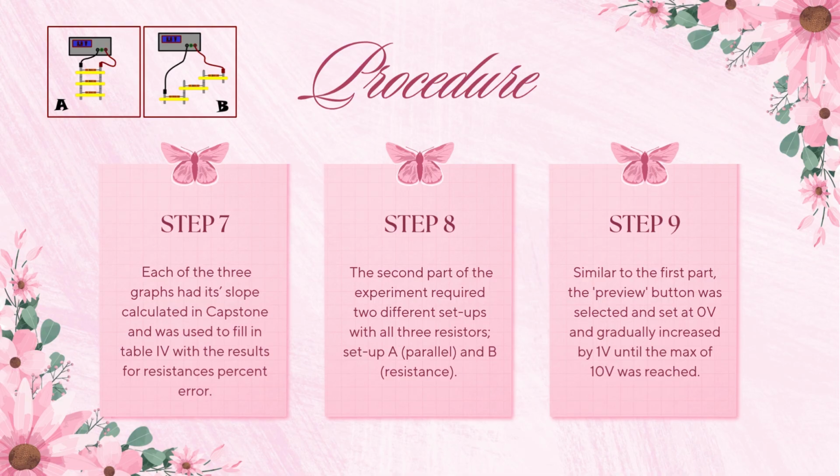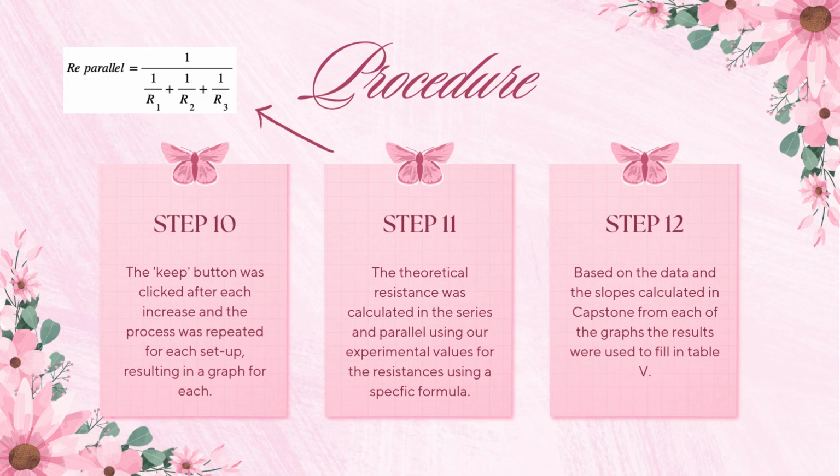For step 9, similar to the first part, the preview button was selected and set to 0V, and increased by 1V until we reached the max of 10V. Same thing, the keep button was clicked after each increase, and the process was repeated for each setup, resulting in a graph for each.